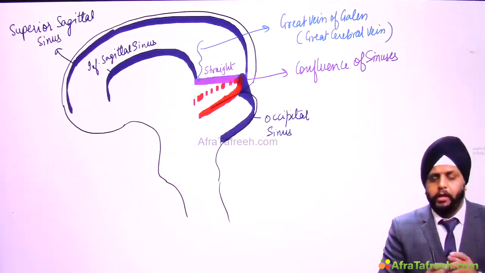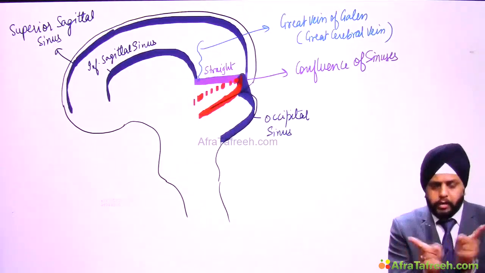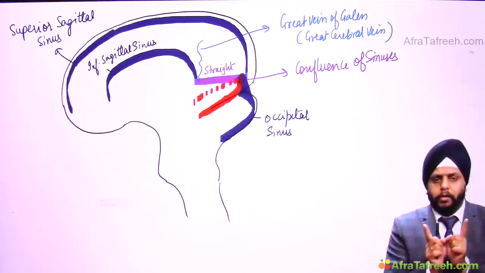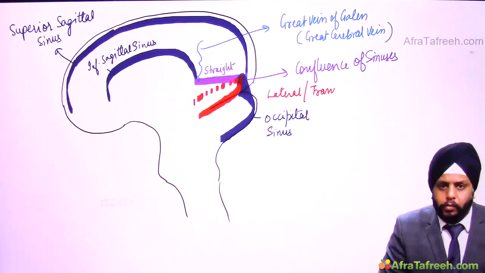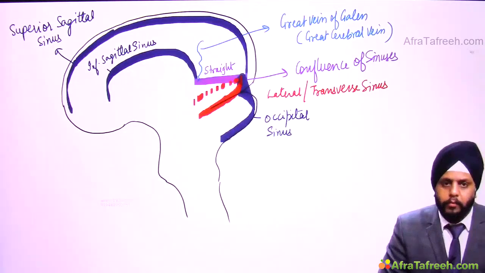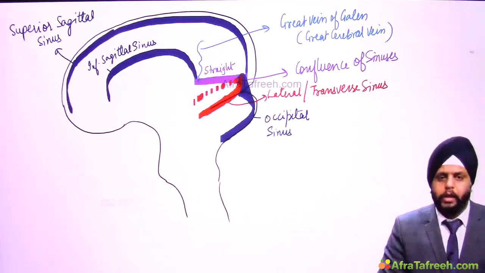So father is straight, they are also straight, they go laterally. They go straight laterally. Because they go laterally straight, they are known as lateral sinus or transverse sinus.